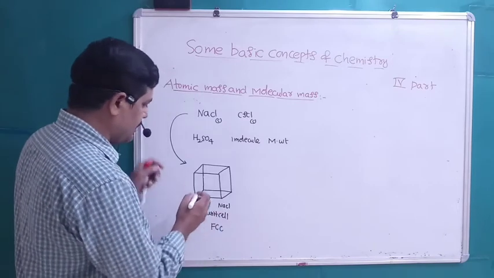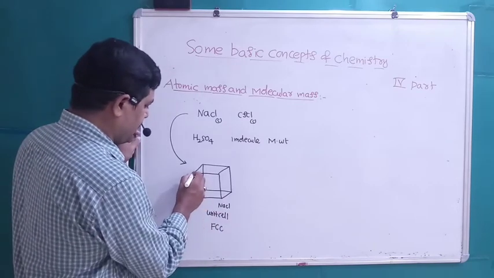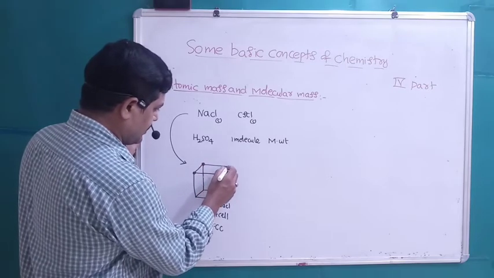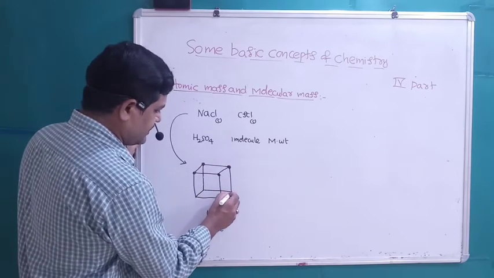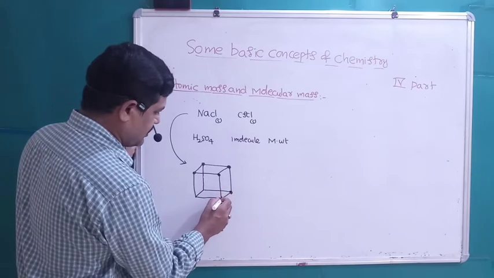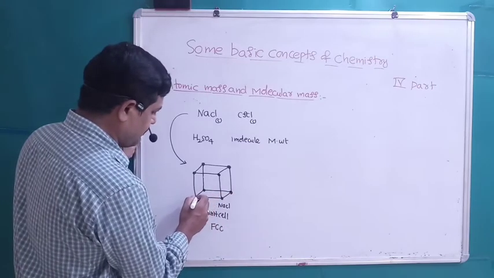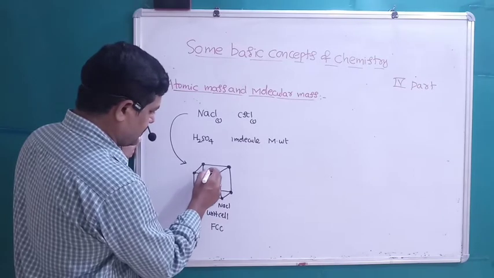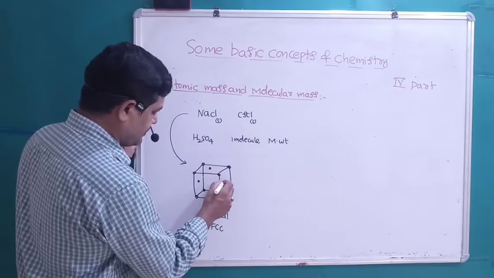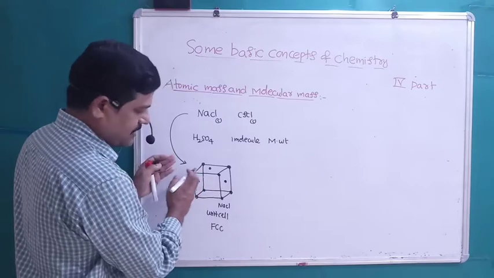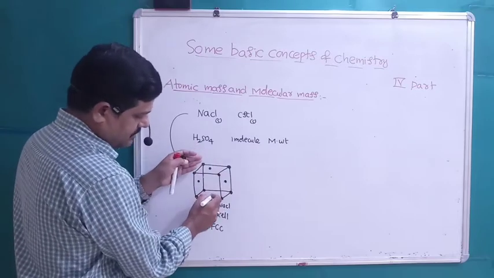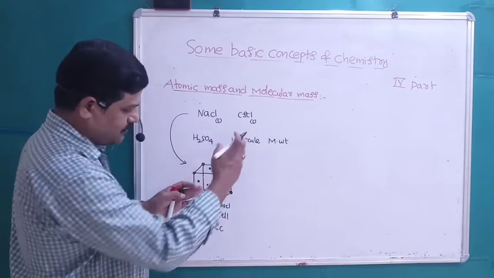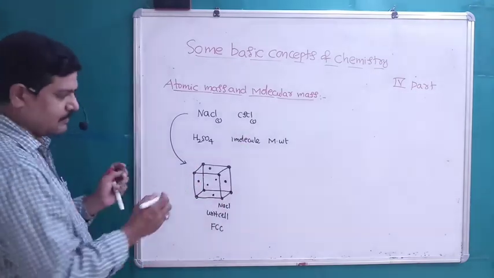All the corners are occupied by Cl minus ions. A cube has 8 corners, so 8 corners are occupied by 8 Cl minus ions. And 6 face centers. A cube has 6 faces: this side, the opposite side, top face, bottom face, front face, and the back face.